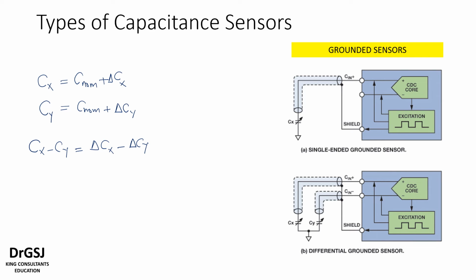If you want to have an analogy, when you have a voltage input signal which has a DC component and an AC component, you could treat this C norm to be equivalent to the DC component, which on subtraction gets removed or nullified.